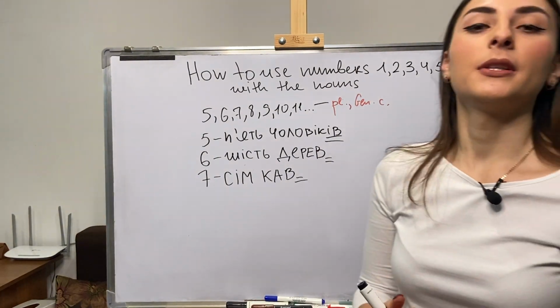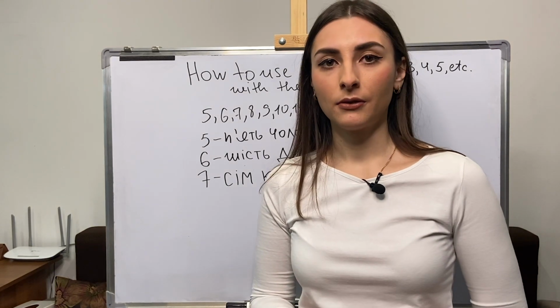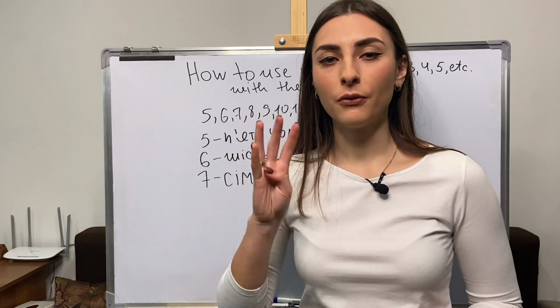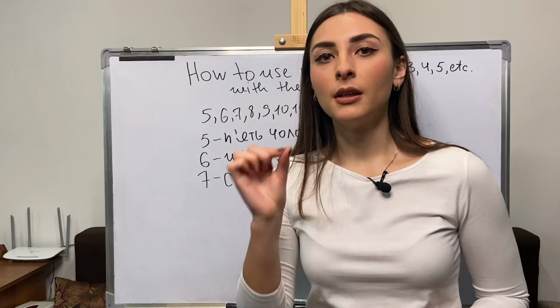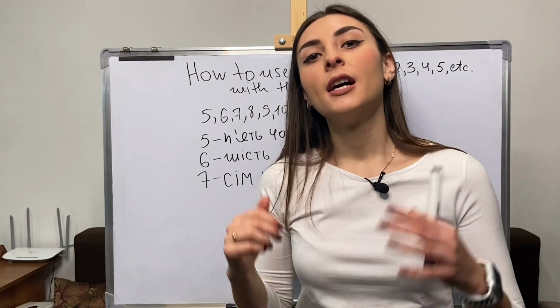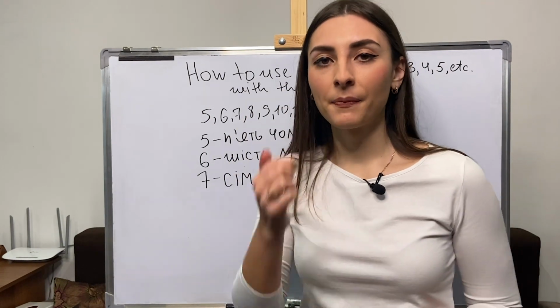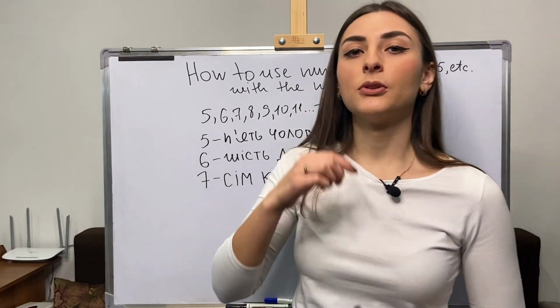So, with the number 1, we use singular nominative. With the numbers 2, 3, 4, plural nominative. With the numbers from 5 and more, we use plural genitive case nouns. Please remember. And it works with all words.